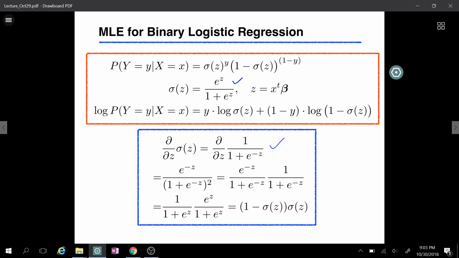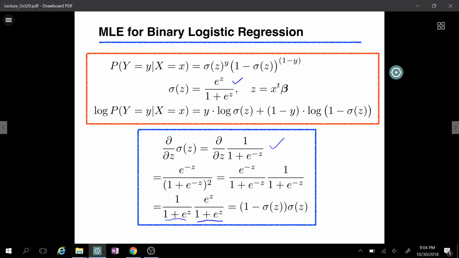And then we break this ratio into a product of two terms, and we multiply by e to the power z on both numerator and denominator for the two terms. We have this, and then you're going to find out that this is basically 1 minus sigma z, times sigma z.